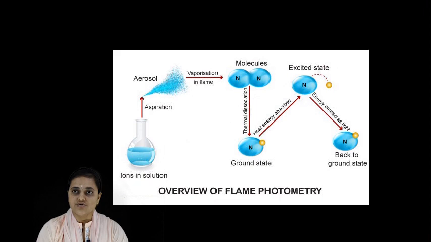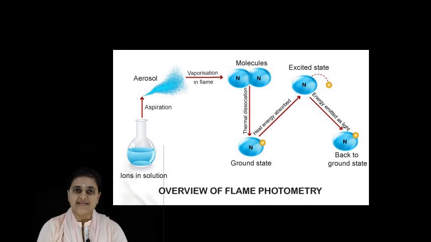Initially the atoms are at the ground state. When they absorb the energy, they jump into a higher state. With further heating they reach an even higher state. When they come back to the ground state, they emit radiation at a particular wavelength.